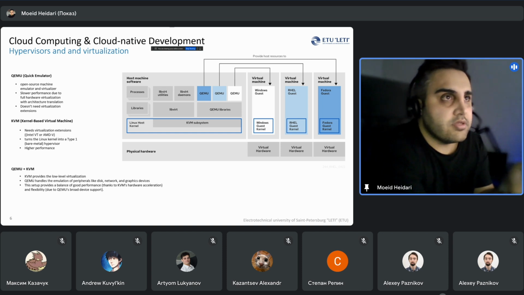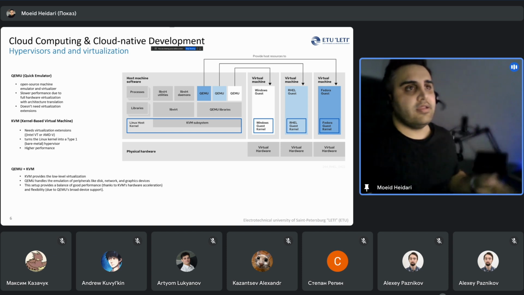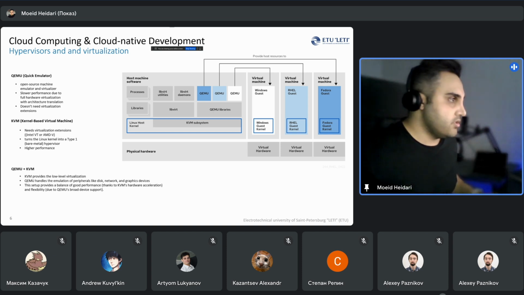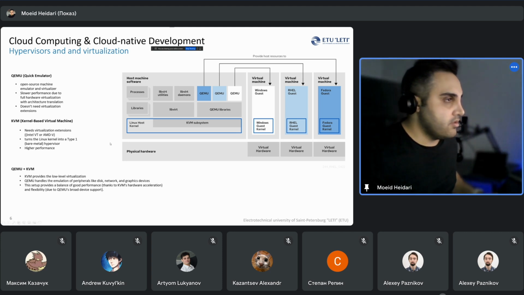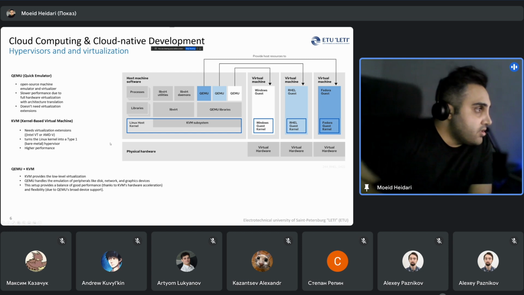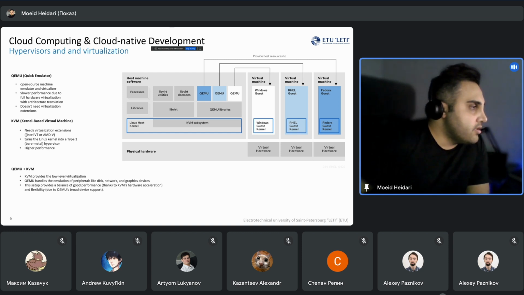Yeah, we can have a virtual machine with Fedora, or any kind of virtual machine, and the underlying architectures. So QEMU with KVM provides the low-level virtualization.